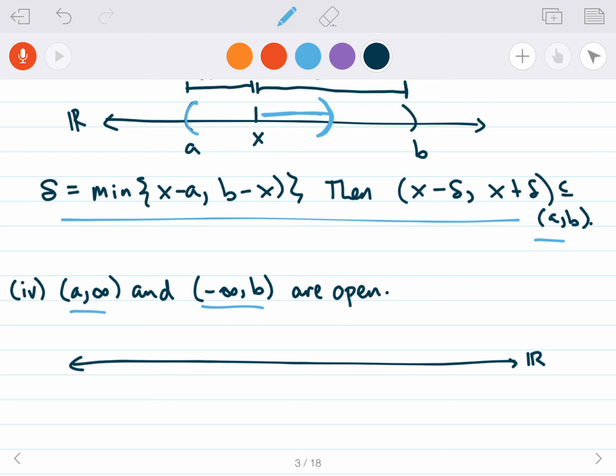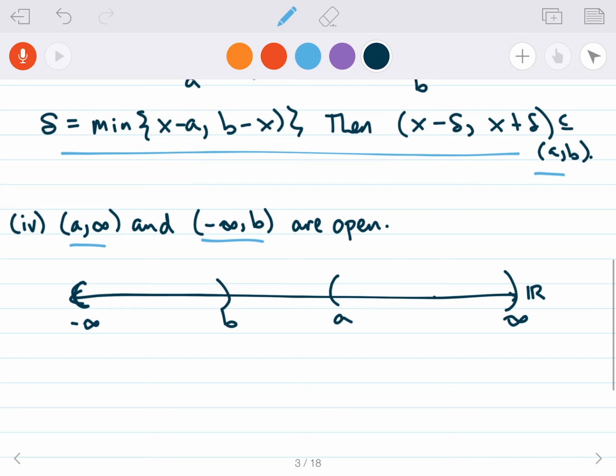So let's say negative infinity to b, so here's negative infinity, and let's say this is b, and maybe we have the set a to infinity right here. There are our two sets, and let's say that x is right here.